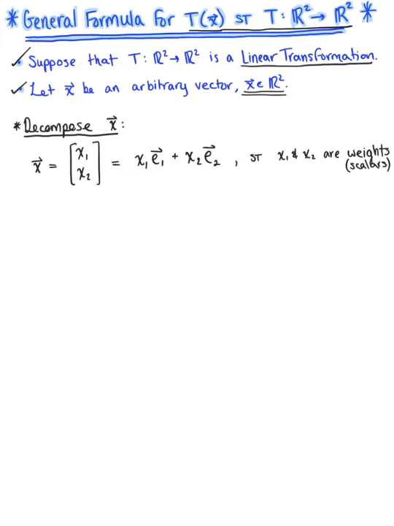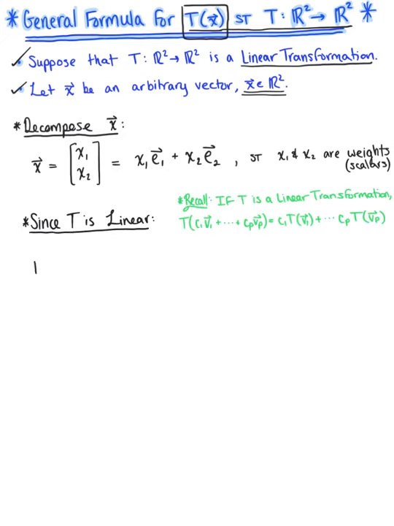Now, we, again, are trying to find a general formula for the image of vector x under the action of T. So, using this new decomposition and keeping in mind that our transformation is linear, we can do the following. So we have the image of vector x under the action of T. We now know, of course, that vector x is equivalent to this linear combination, x sub 1 times the elementary vector e sub 1 plus x sub 2 times the elementary vector e sub 2.